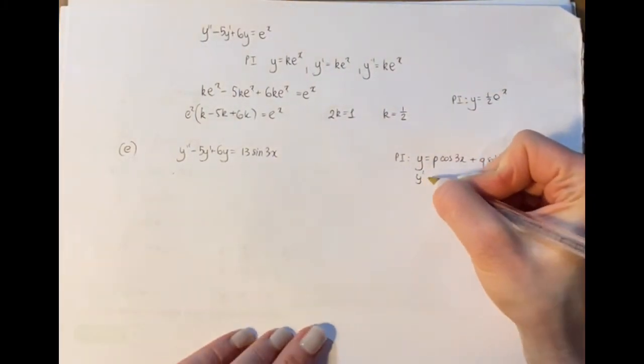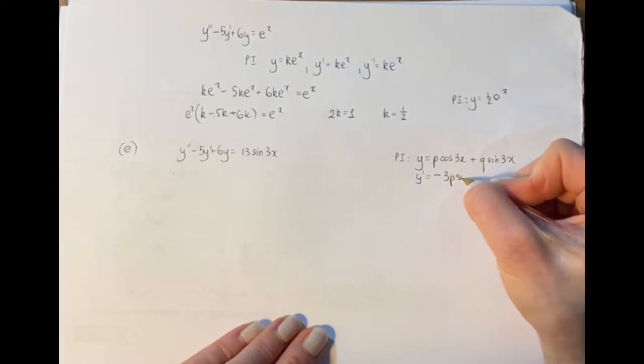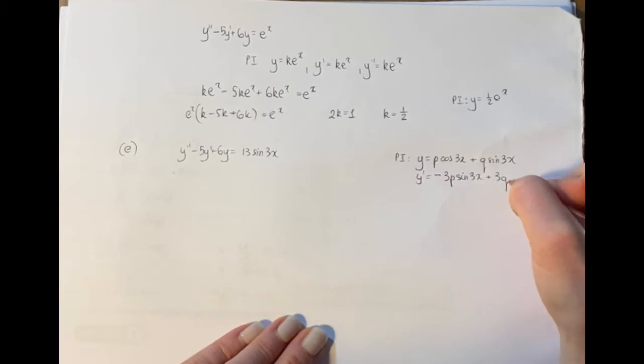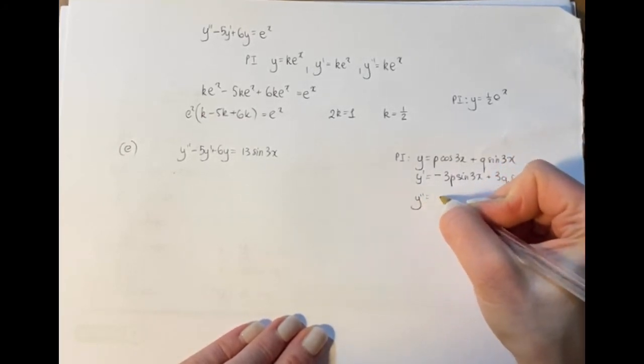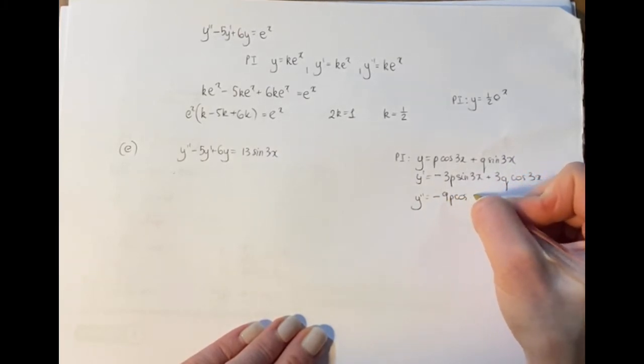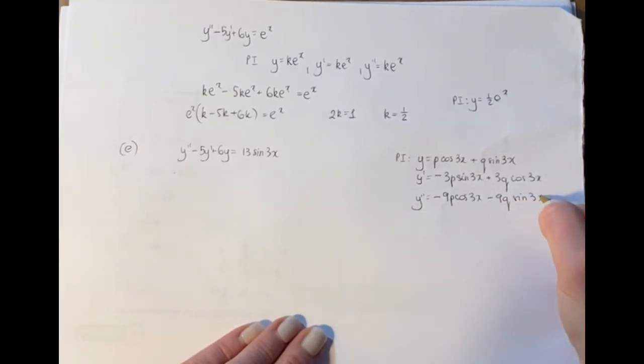To differentiate it once, minus 3p sine 3x plus 3q cos 3x. Differentiate it again, so it's minus 9p cos 3x and minus 9q sine 3x.